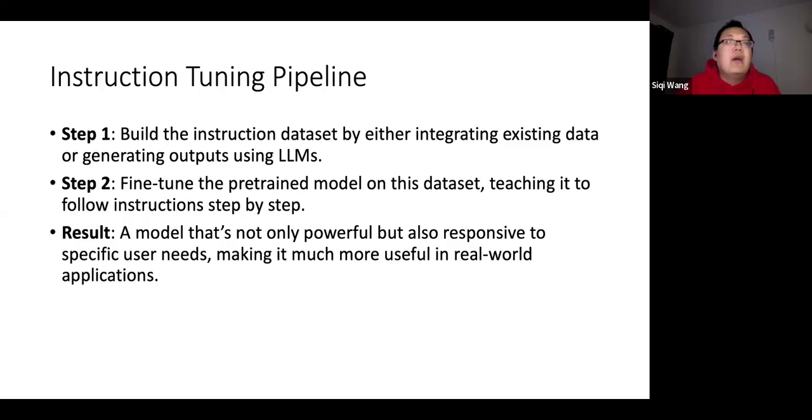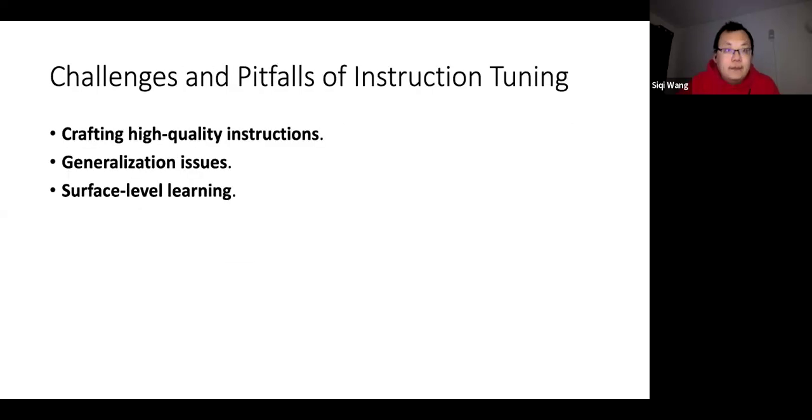And finally, we get a model that is not only powerful but also responsive to specific user needs, making it much more useful in real-world applications. All right, now that we have worked through the methodology, let's move to the next part and explore the challenges and pitfalls that come with instruction tuning.